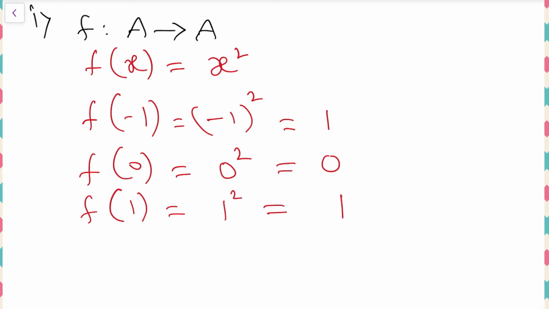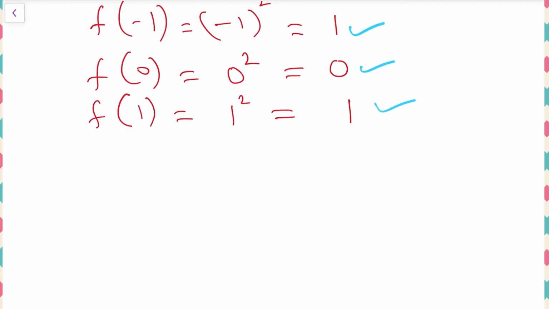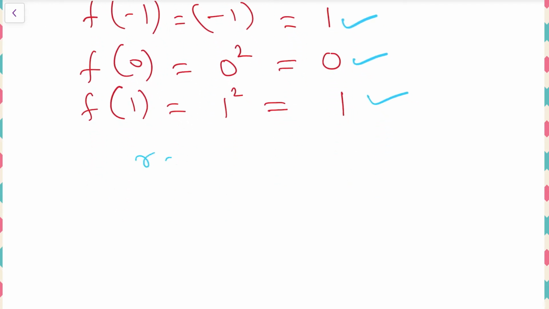Now these 1, 0 and 1 are nothing but the range. So the range is {0, 1}, since 1 is there 2 times, so we need to write it only once. If the codomain and range are both equal to each other, then only that function is called a surjection.